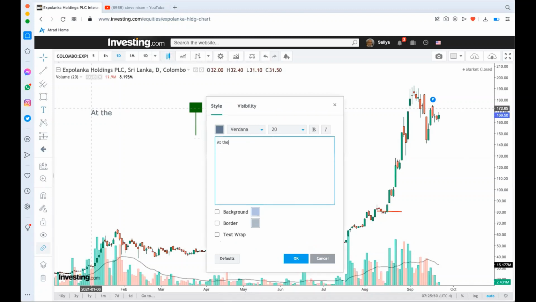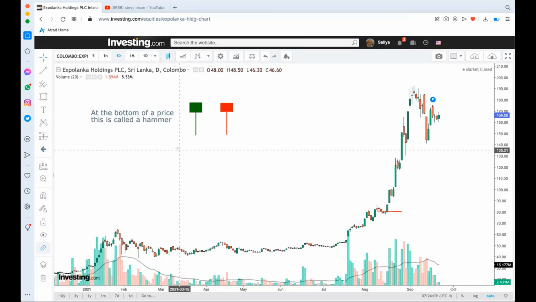At the bottom of a price, this is called a hammer, right?